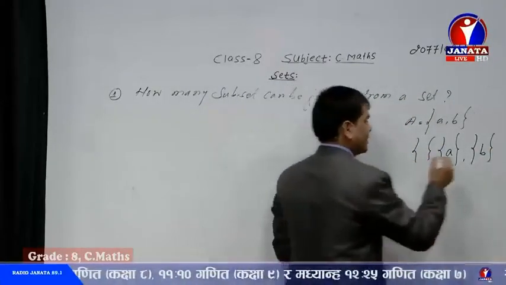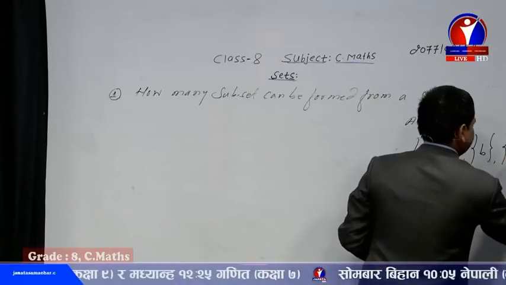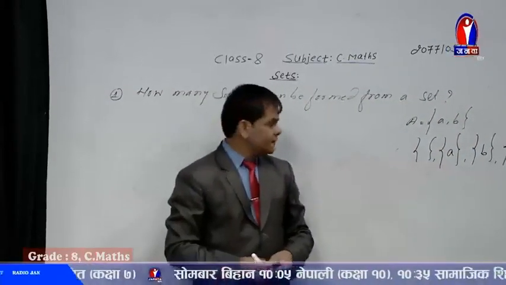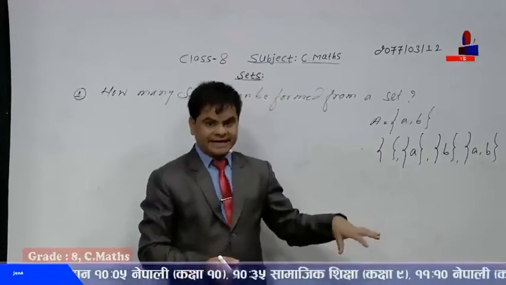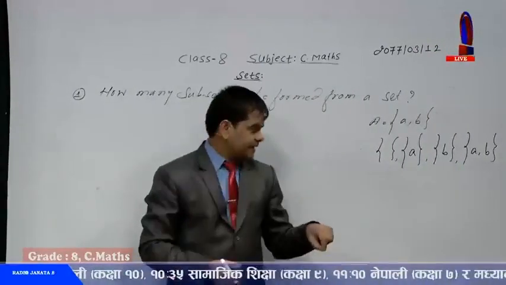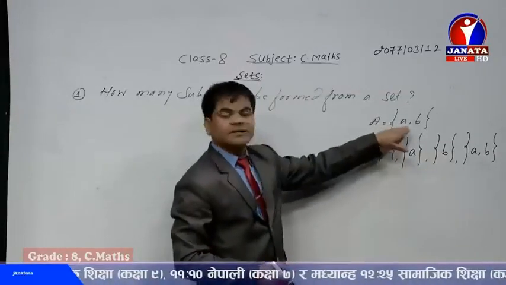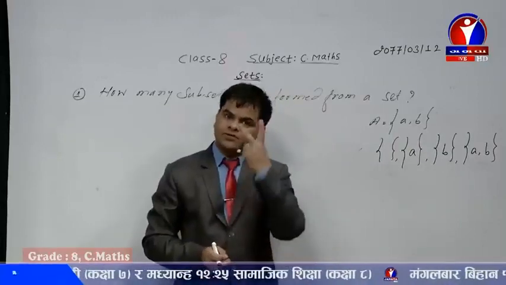And another one is, dear students, AB or BA. AB or BA means the same. You cannot write both. You can write either A comma B or B comma A. It represents the same subset. So these are the subsets that can be made from the set containing two elements.